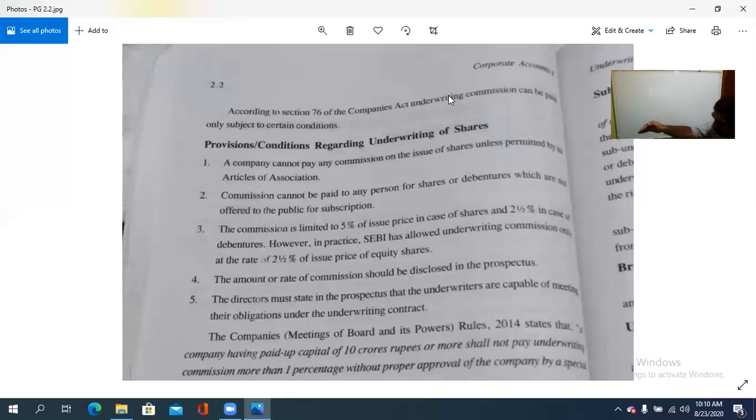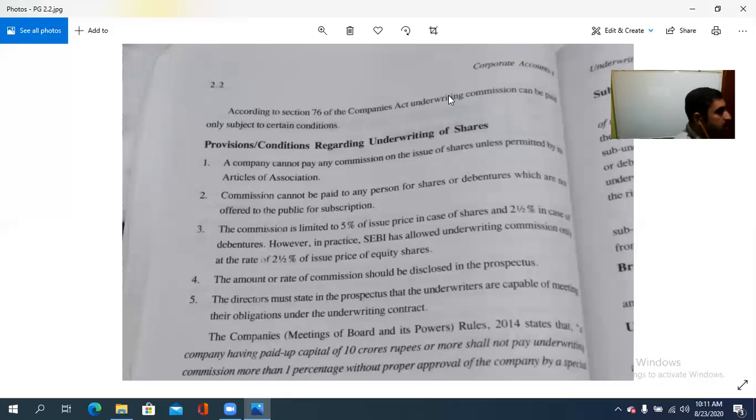All the details about underwriting, including the commission to be charged or the rate of commission, are to be prescribed in the prospectus. And the directors must state in the prospectus that underwriters are capable of meeting their obligation under the underwriting contract.